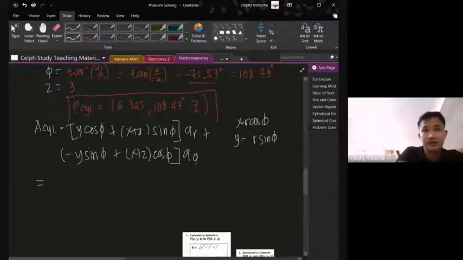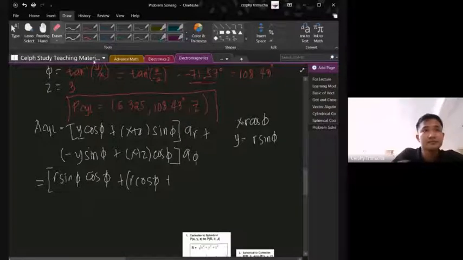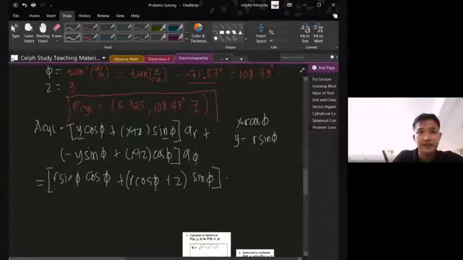So we will have r sine angle cosine angle plus r cosine sang angle plus z, na lang kay wala man value ang z, multiplied by sine theta or phi, then A R.